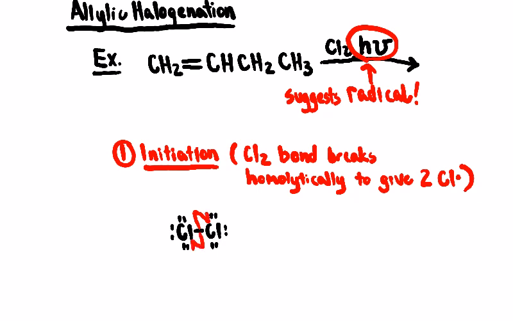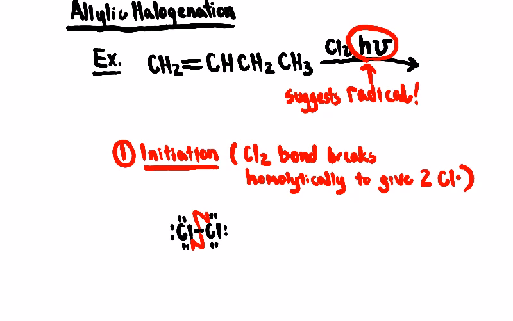So for that covalent bond connecting the 2 chlorines, we use that single-headed arrow, which I've shown, to indicate that one of the 2 electrons from the covalent bond goes onto the chlorine on the right, and one of the 2 electrons goes onto the chlorine on the left. So they're both getting an equal amount of electrons from that bond breakage. That's why we call it a homolytic breakage.